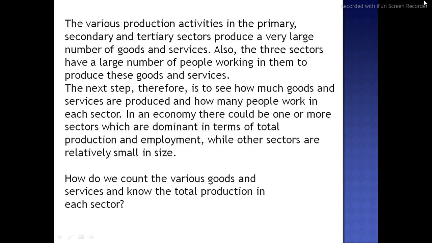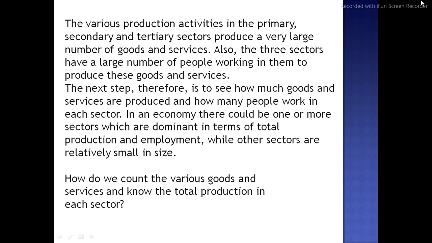So the number of people working in the different sectors and the number of goods and services produced in the different sectors. This is the second step. That means we are going to see how many goods as well as services are produced and how many people are working in each sector.